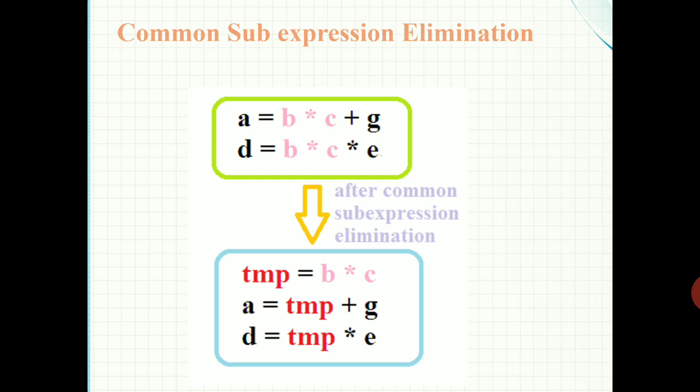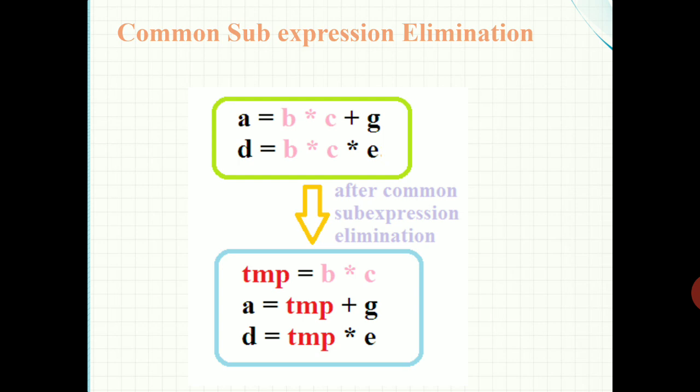Here take an example: a equal to b star c plus g and d equal to b star c star e. In these two statements, you can see that the same expression is calculated or evaluated twice. That is a equal to b star c, then plus g.